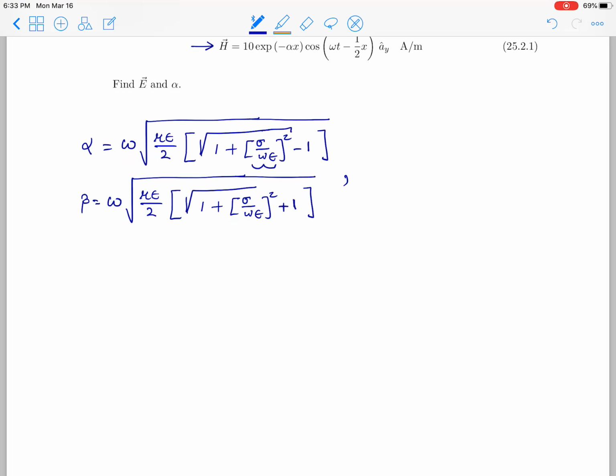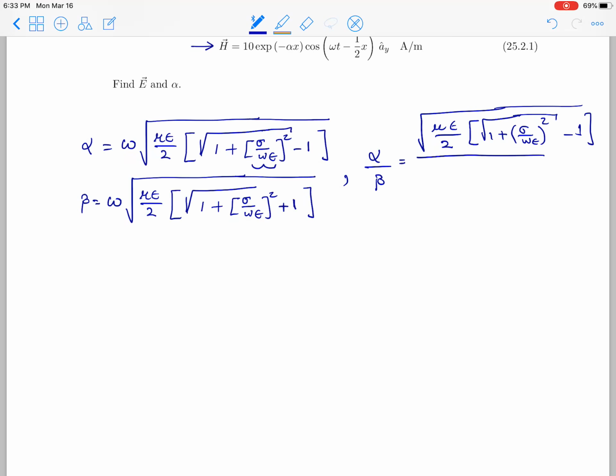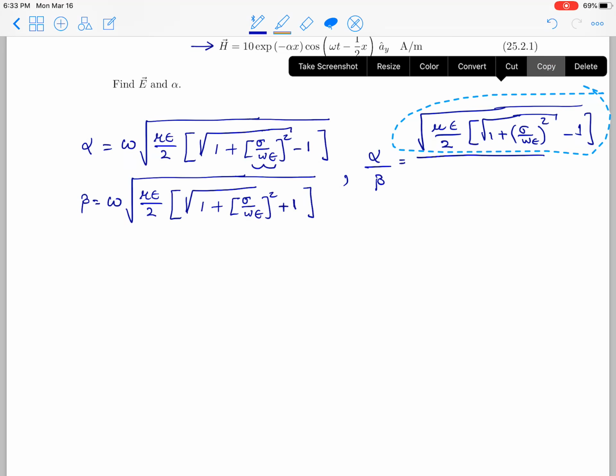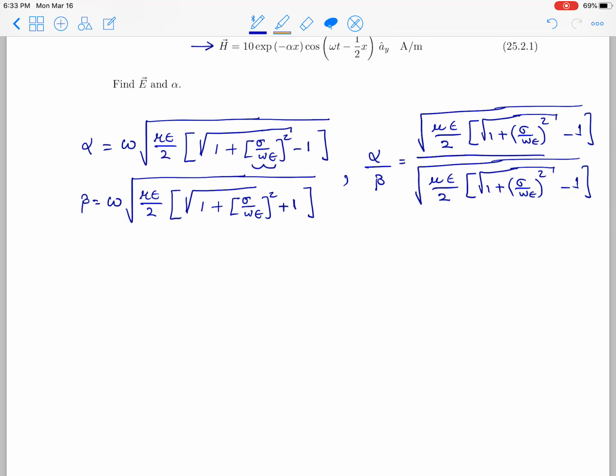If we take the ratio and set similarly, I can copy the numerator here, paste it over there, but -1 is replaced with +1.